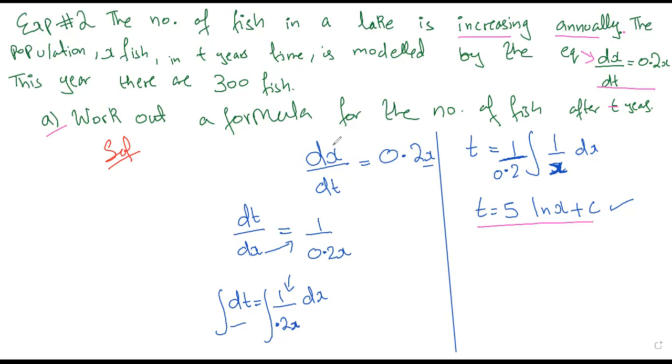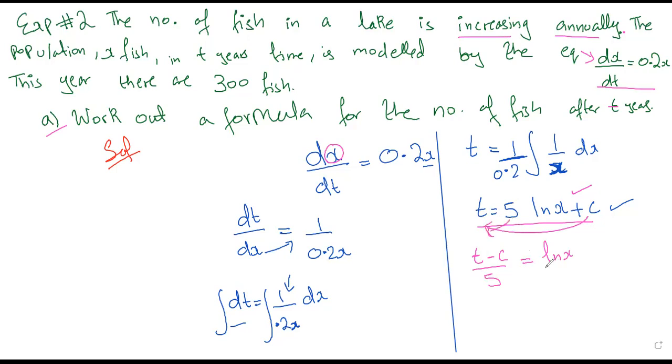Look, we had x in the numerator now. So what does this mean? Our expression should be x equals something, and not t equals something. So we have to make x the subject of this equation. So (t minus c) divided by 5 would become ln x. I have taken this c to this side and I've taken this 5 into the denominator.